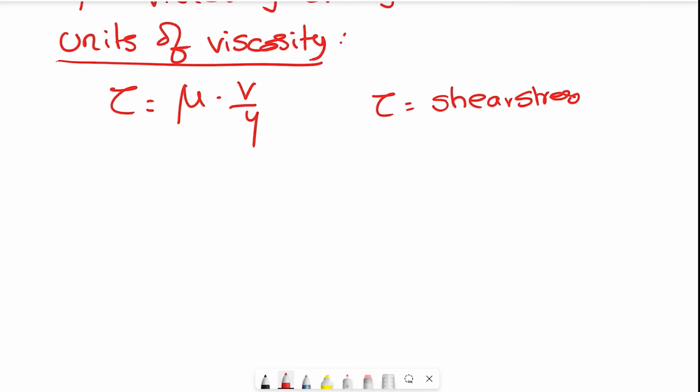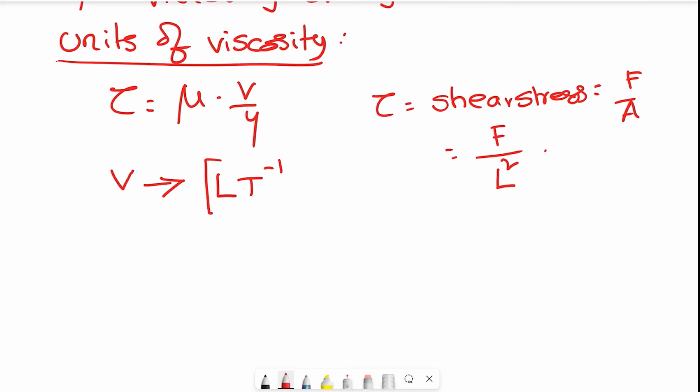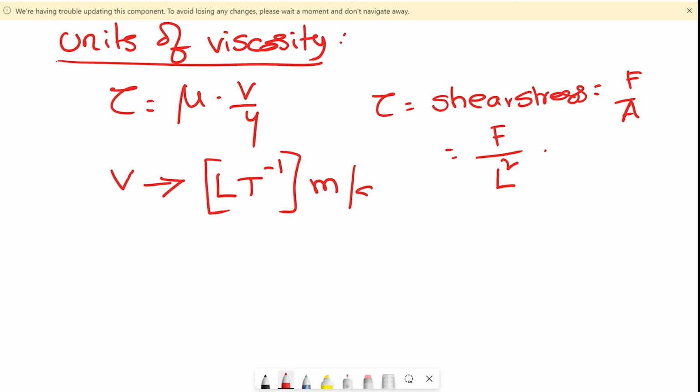Shear stress is equal to force by area, that is force divided by area, which means L square. Then velocity V is equal to LT minus 1, which is nothing but meters per second.